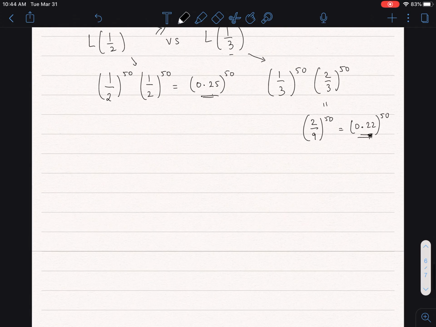Right, and that's the basis of this procedure called maximum likelihood estimation. It is also abbreviated as MLE.